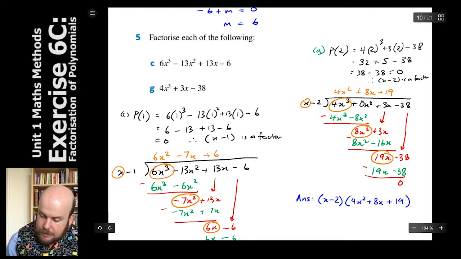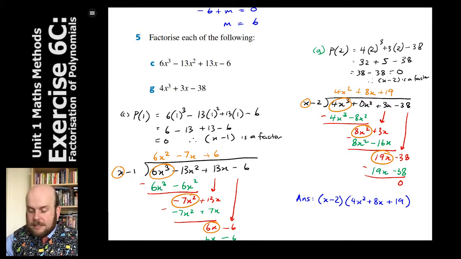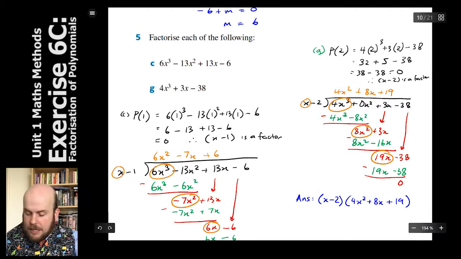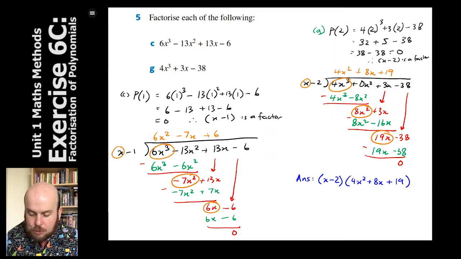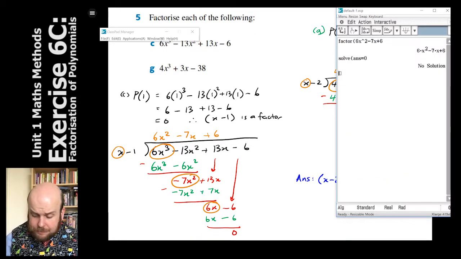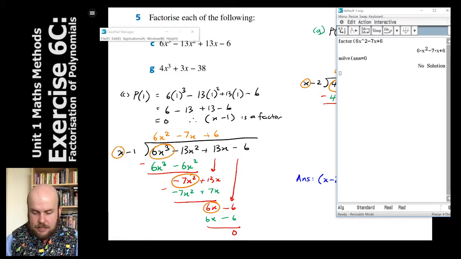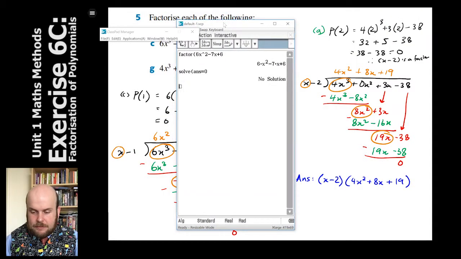and again, this is a positive quadratic. It's been moved up off the x-axis, so that will not be able to factorize. But again, don't trust me. Let's go and double check on our lovely CAS calculator here.